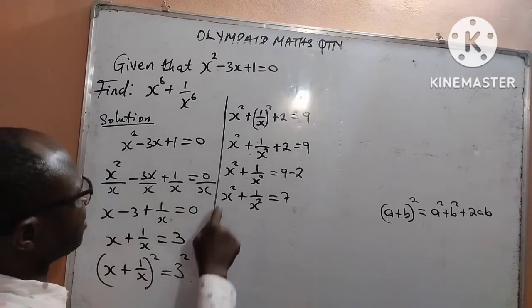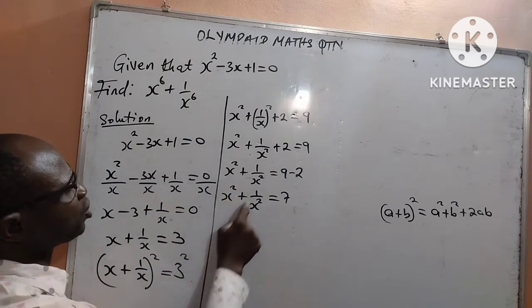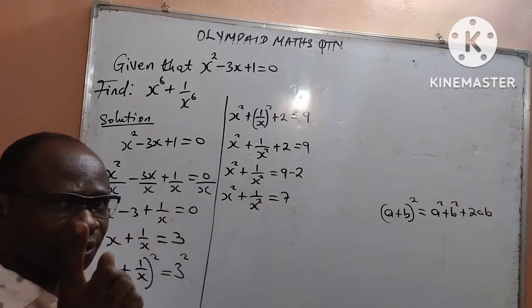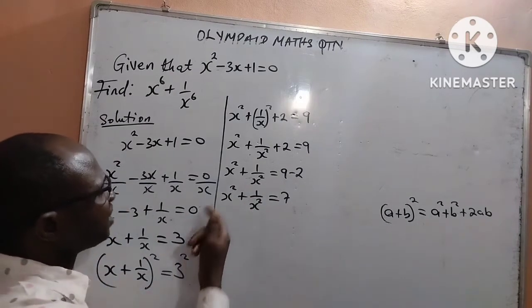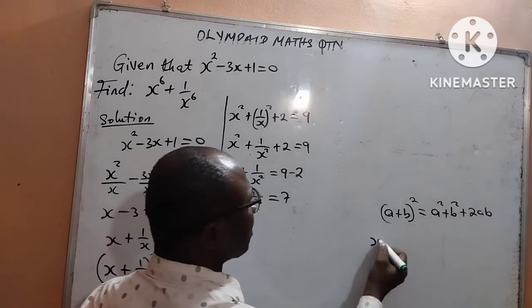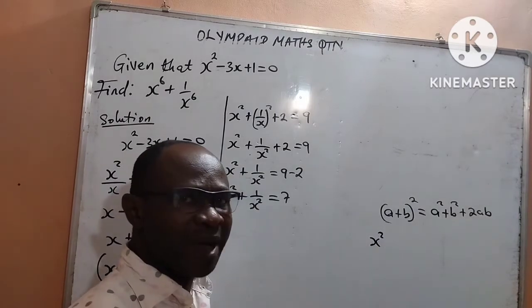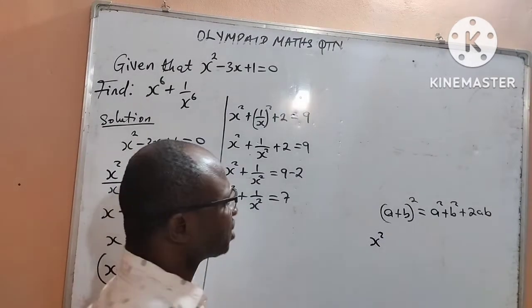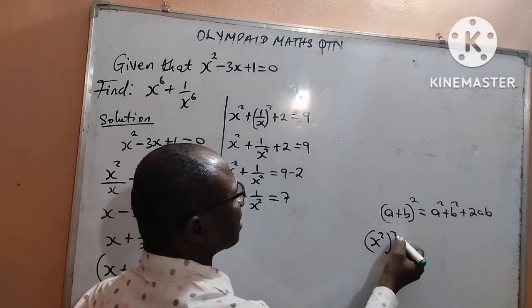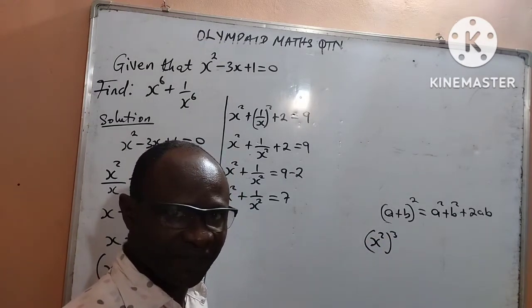But what I have now is (x^2 + 1)/x^2. But then if you look at this, if I have x to the power 2, how do I make it become power 6? Simple, multiplication by 3 will give me power 6.